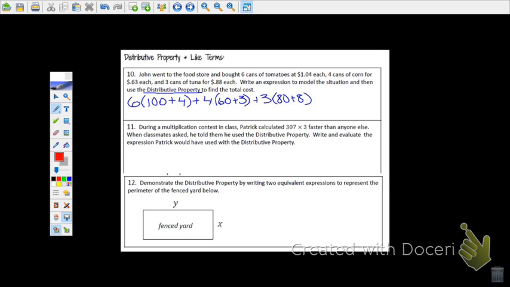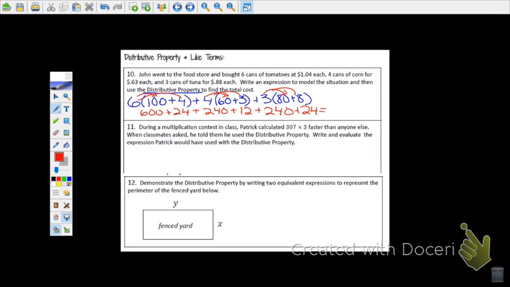So now we do the distribution. So I have 600 plus 24 plus 240 plus 12 plus 240 plus 24. And then I would have to add those numbers all together.